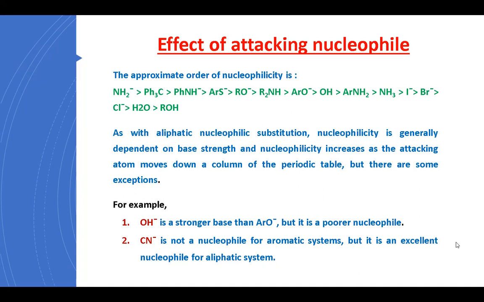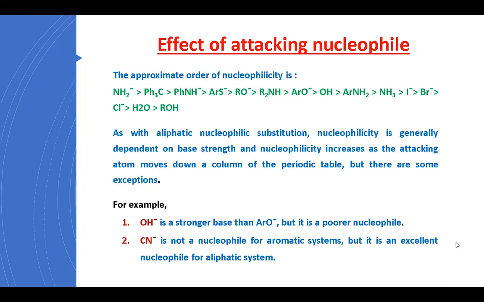In the case of aliphatic nucleophilic substitution, nucleophilicity is generally dependent on base strength, and nucleophilicity increases as the attacking atom moves down a column in the periodic table. However, there are many surprising exceptions to these facts.